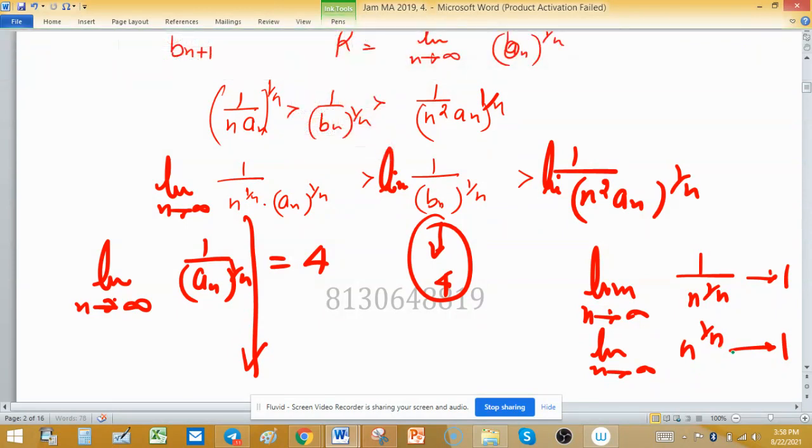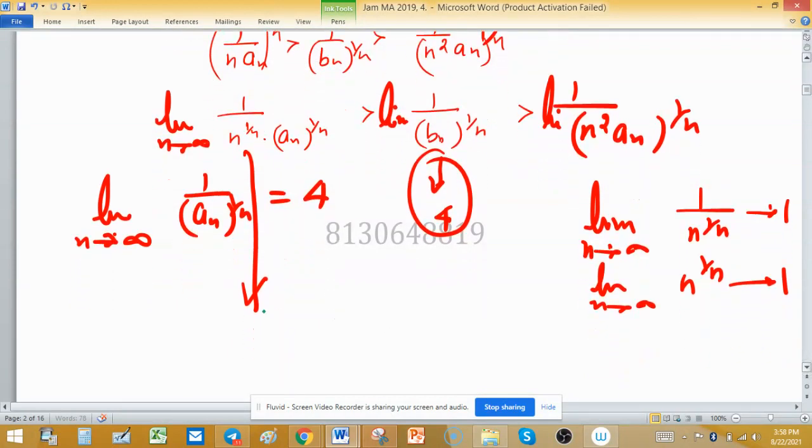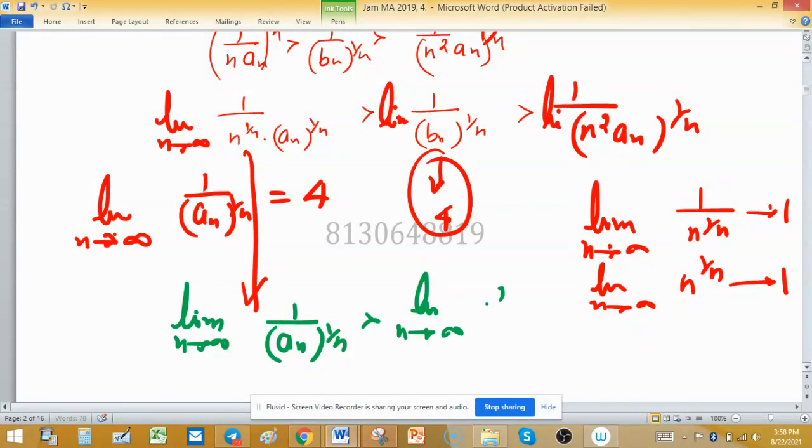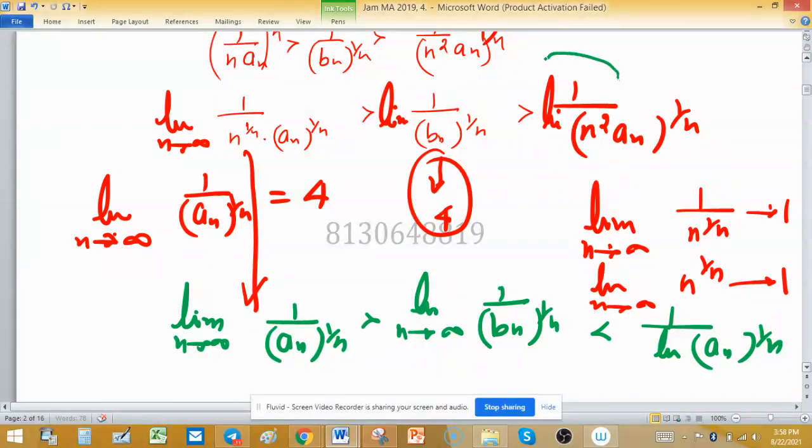So what we have, this will become limit of (1 upon an) raised to the power 1 upon n greater than limit of (1 upon bn) raised to the power 1 upon n less than 1 upon limit of an raised to the power 1 upon n. If you are thinking where the 1 upon n square goes, as I already told you, if I change n with n square in this term, the limit will be again 1.